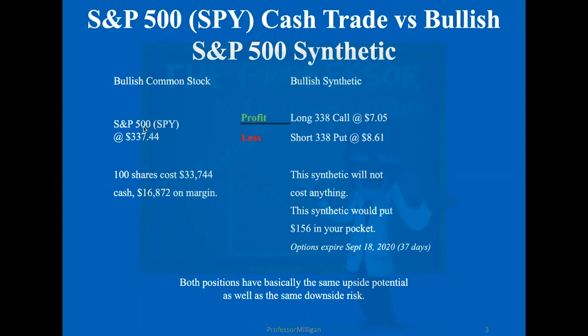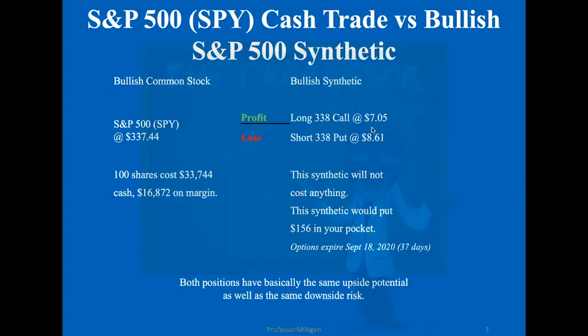The risk on the SPY is if it drops, and if it drops, we'll lose money. With our synthetic, we'll lose money on the actual short put. These two securities together, the long call and the short put, literally mirror the S&P 500. I chose a strike price, 338, right near where the stock is trading at 337.